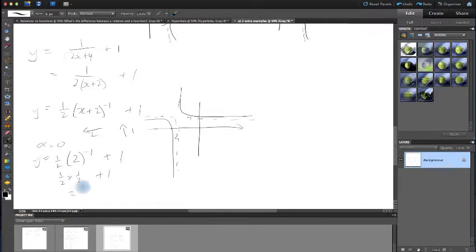So we've got a quarter plus 4 on 4, which equals 5 quarters. So this is 5 quarters up here. And now to find the x-intercept by setting y equal to 0, we have 0 equals a half, x plus 2 to the negative 1, plus 1. Take the minus 1 away from both sides, and now times both sides by 2.